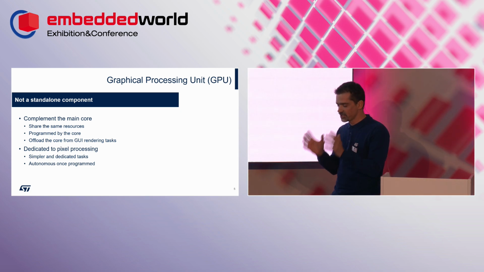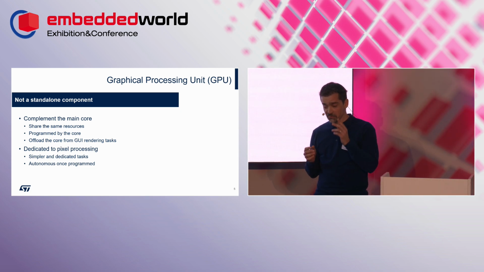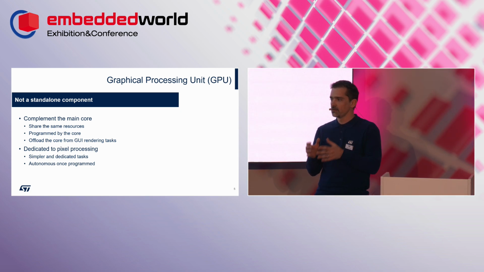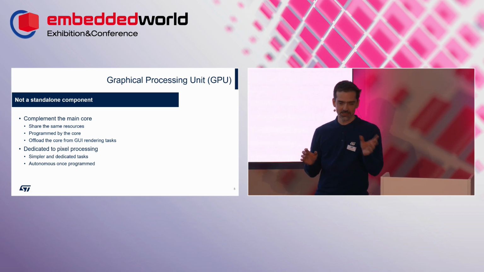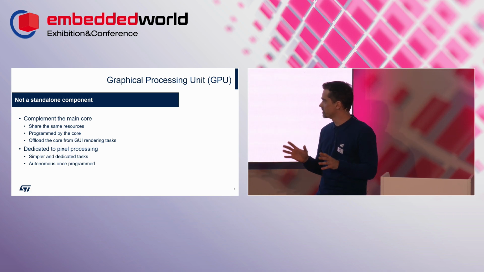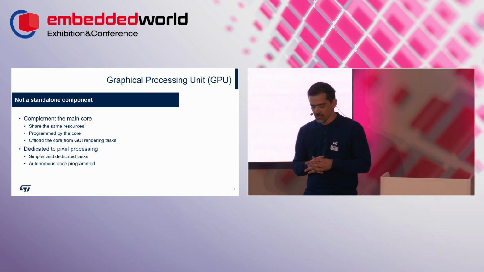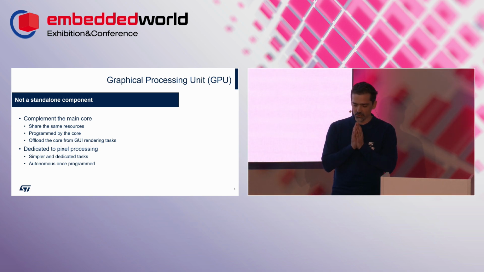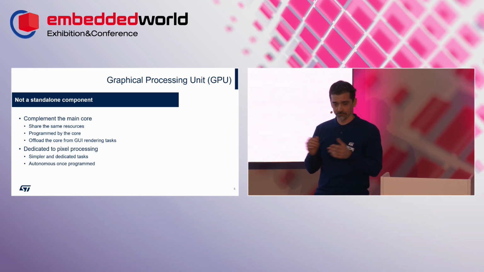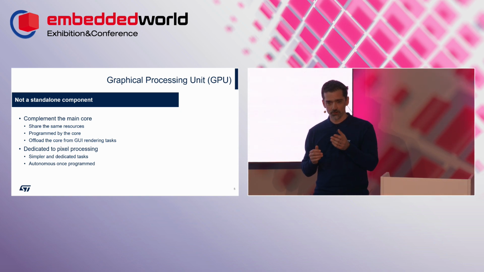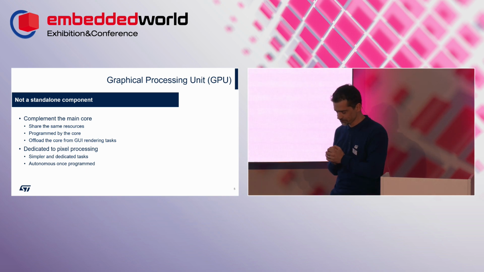So the architecture of a GPU is made for simple operations, such as addition, multiplication, and access to memory. That's basically what a GPU does. So imagine your microcontroller is a restaurant. The chef of the restaurant, in the kitchen, is the main core processing unit, a Cortex-M, for example.